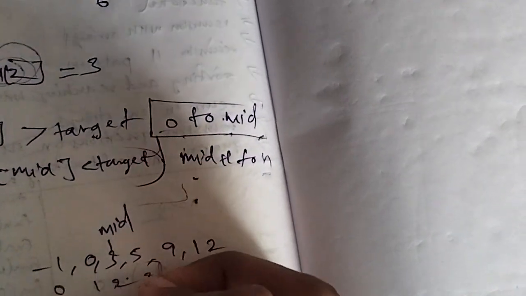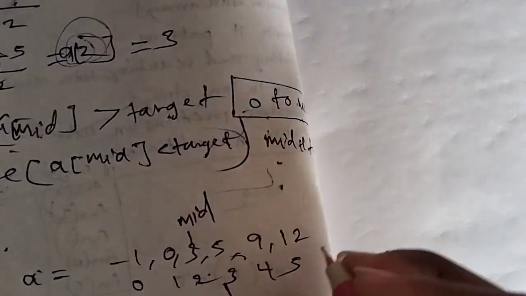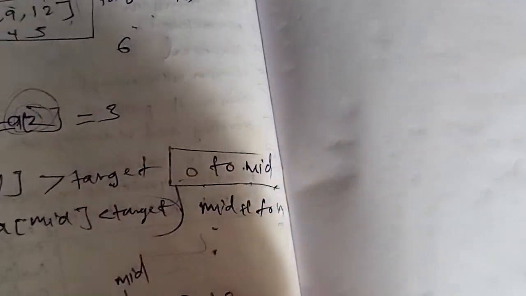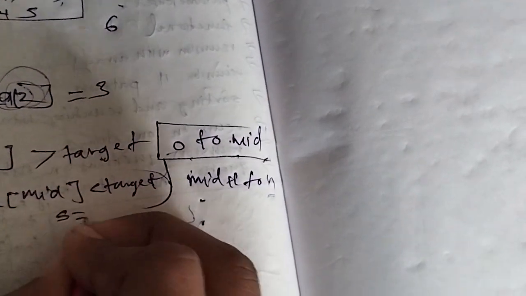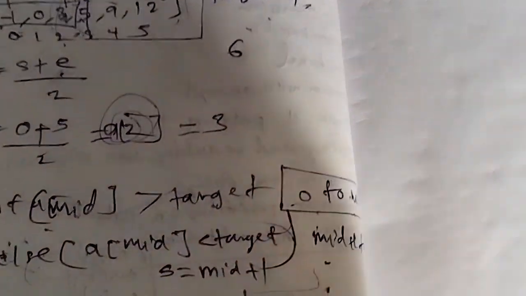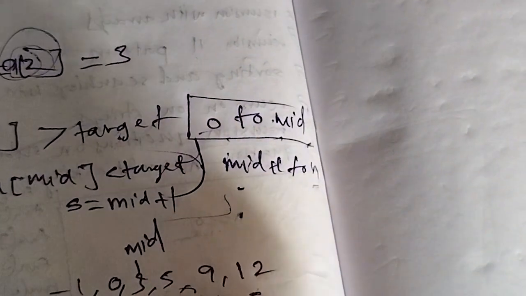So now s is equal to mid plus 1, and e will be the same. Simply we will declare s is equal to mid plus 1. So we'll just see this array.